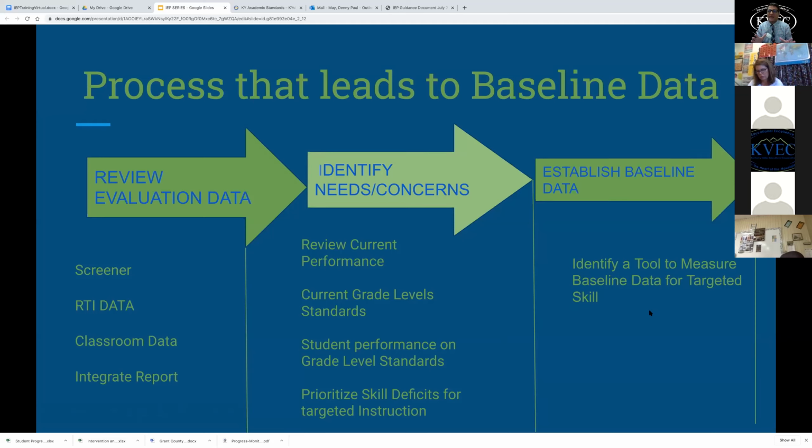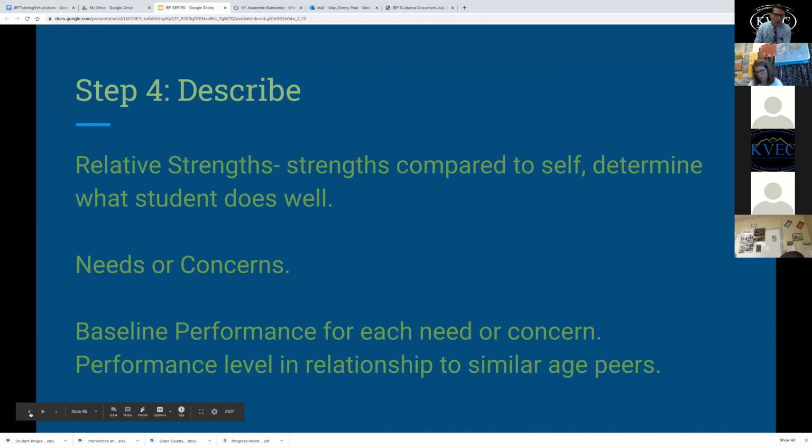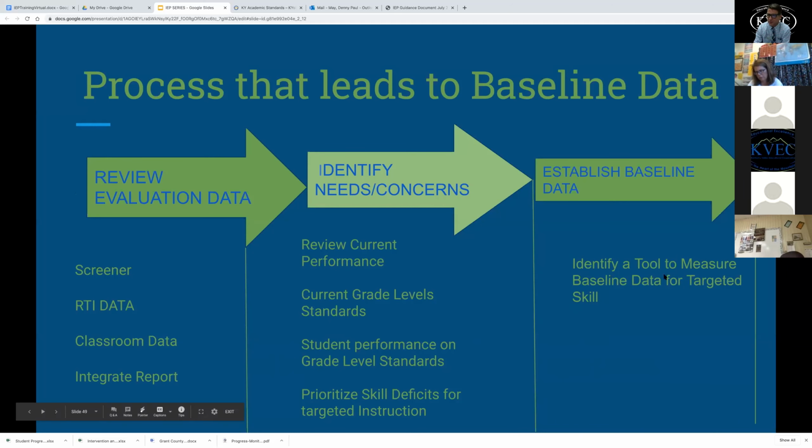So the big key here, and we're going to get to this eventually, when we're looking at those verbs that we're going to measure, when we're looking at those activities and those skills that they're going to perform for us, that we can see here, count, time, we're going to select a tool to measure that baseline data and give us that baseline data.